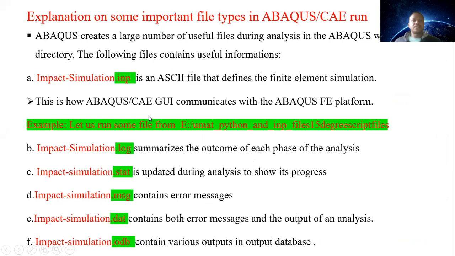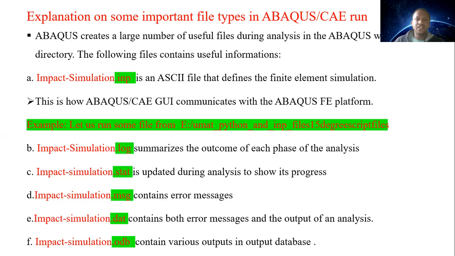Okay, so let's come to some important files that are generated in Abaqus CAE. While we are running Abaqus CAE, many types of file extensions are generated in the particular folder or the predefined path of our saved file.